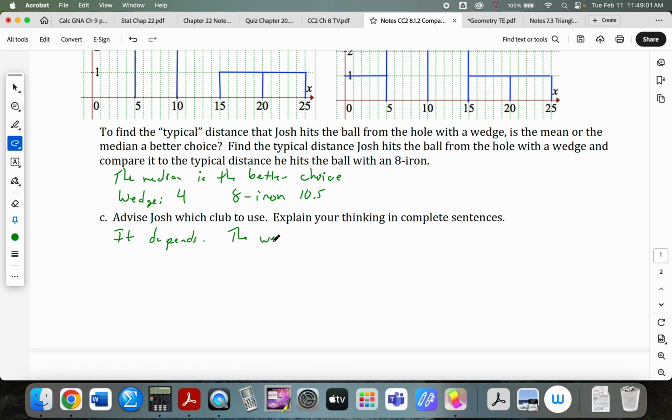The wedge typically gets him closer to the hole. But he's more consistent with the 8-iron.